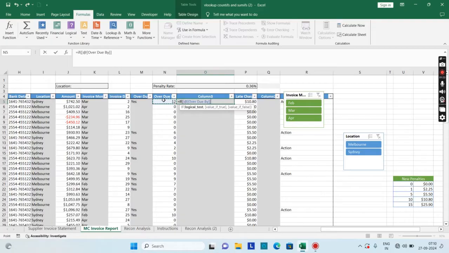This logical test is if overdue by is less than or equal to 1, then I will charge penalty of 0.